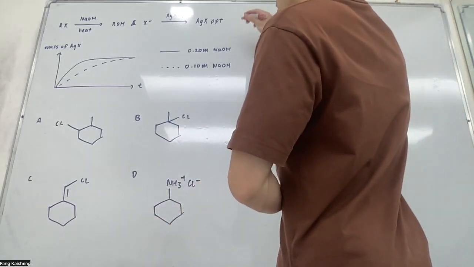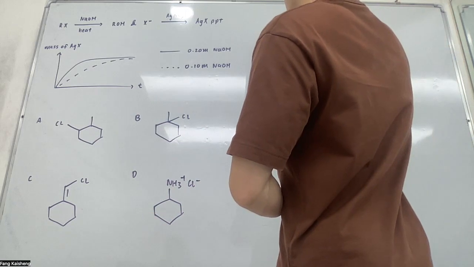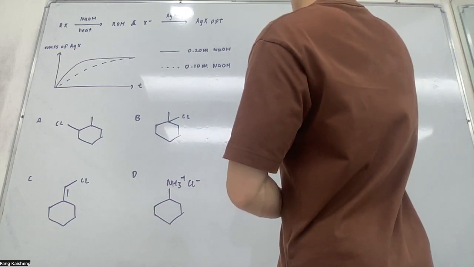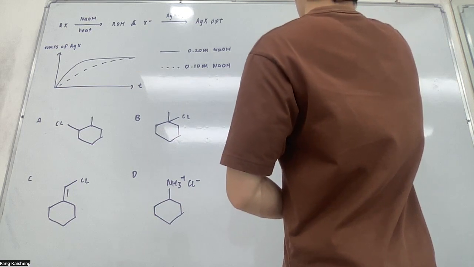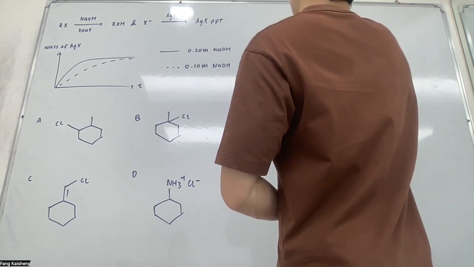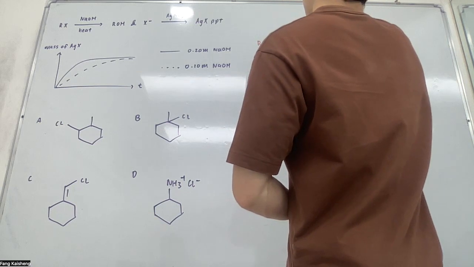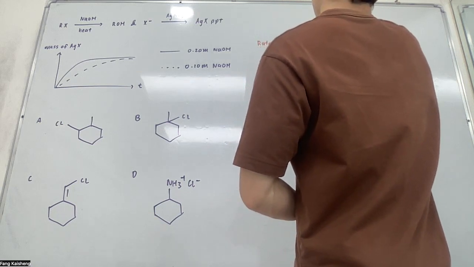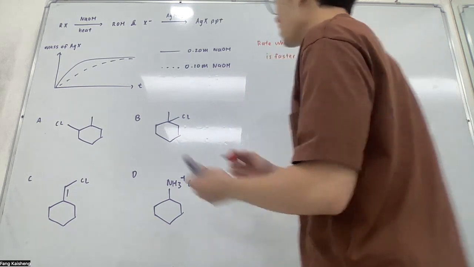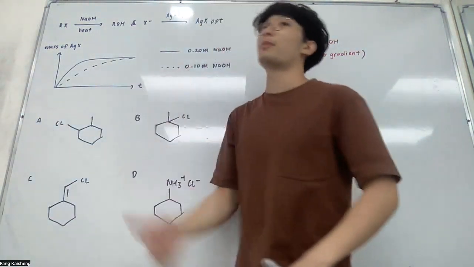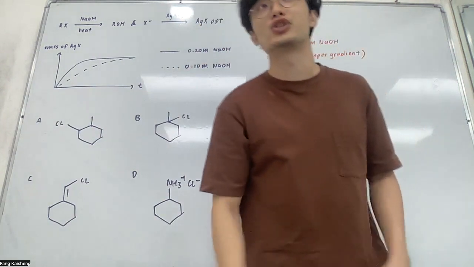The rate of the reaction when you use 0.2 mol per dm cube of NaOH is faster because I notice a steeper gradient, or it ends faster. It's definitely faster than if I use 0.1 mol per dm cube of NaOH.